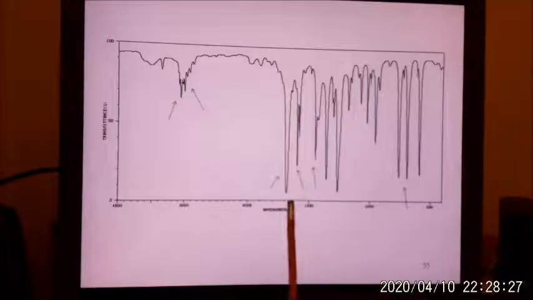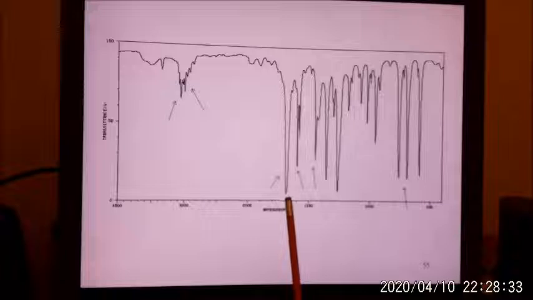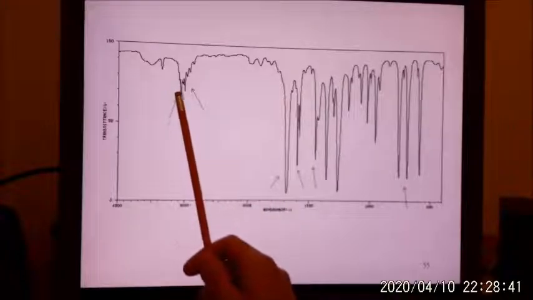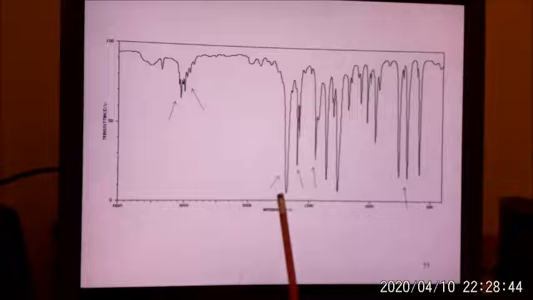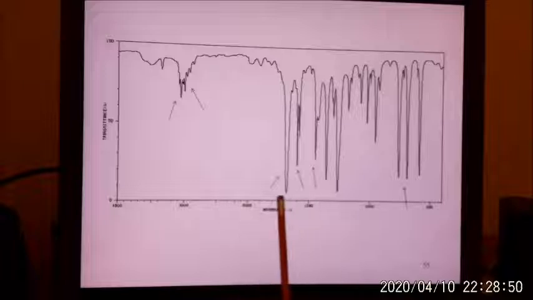Oh, at 1690 or so, I have a carbonyl stretch. What this tells me, it's not a 1710. I suspect I have conjugation, because I see both the alkene type CH stretches, and I also see that my carbonyl is not a higher frequency, but my frequency was lower.